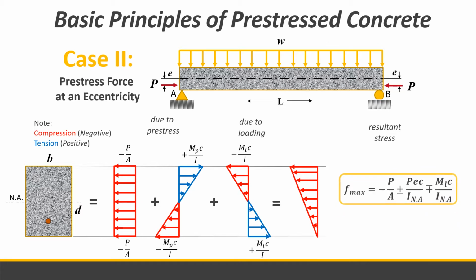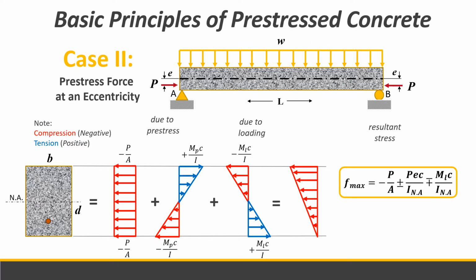So the maximum stress for this beam in this situation is negative P over A, that is due to the P, plus minus PEC over I, the moment of inertia of the section BD, and minus plus bending stress MC over I due to loading.